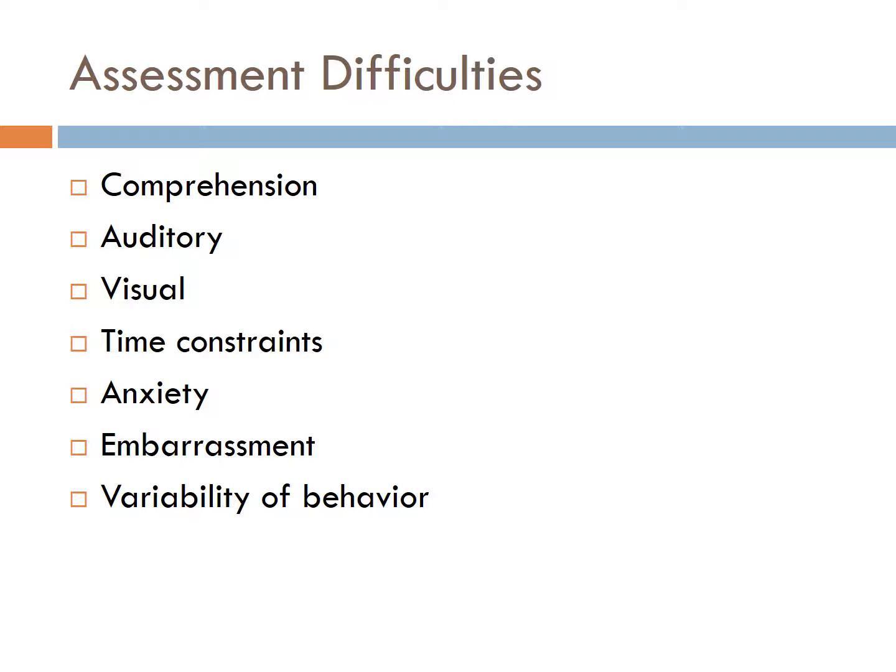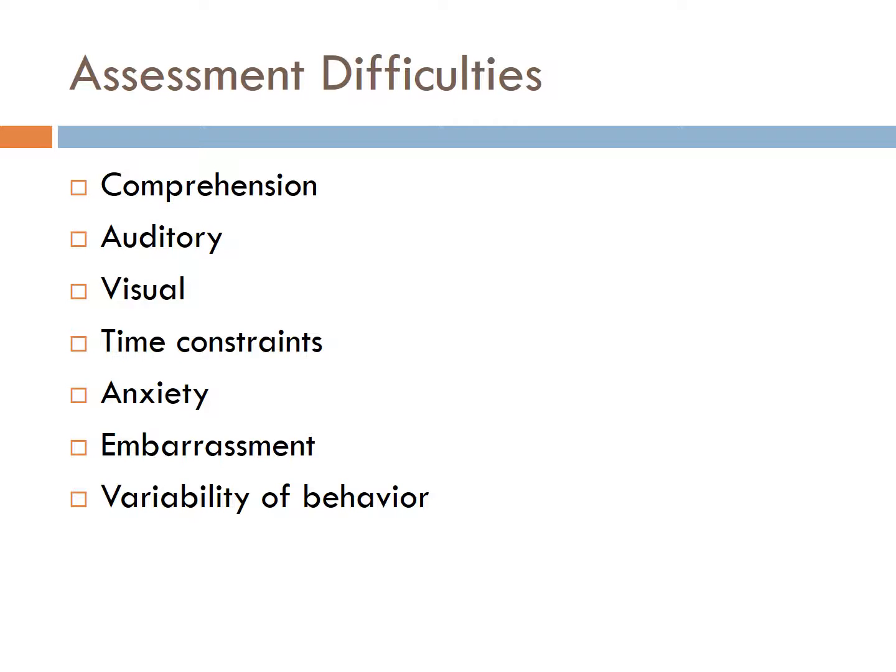There's some problems when we try to assess the learning of students with disabilities. And they generally break down into these categories. Comprehension, sometimes it's difficult to know what students know. Sometimes they are reluctant or embarrassed to volunteer or ask questions.